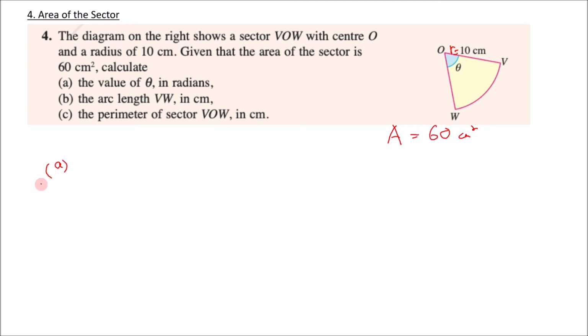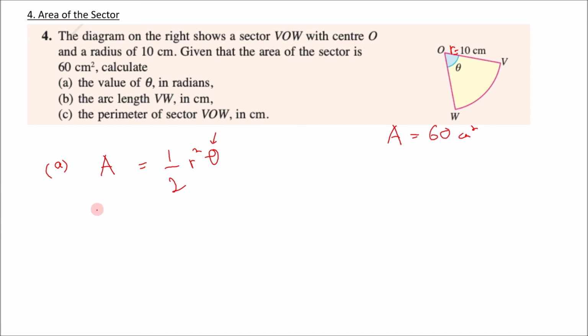First the value of theta. We have area, so we can use the area formula, which is 1 over 2 times r squared times theta. So we have to find theta.